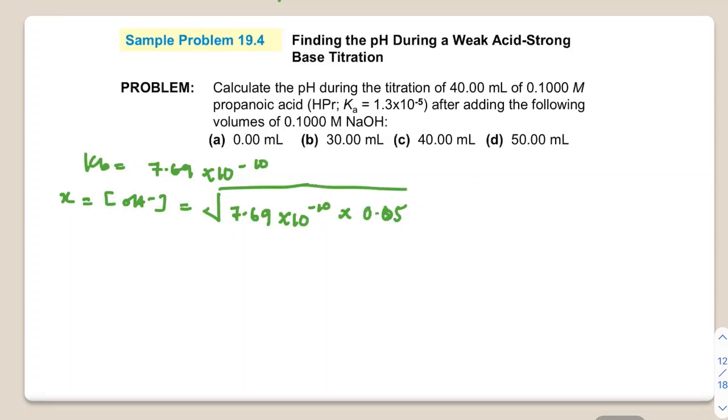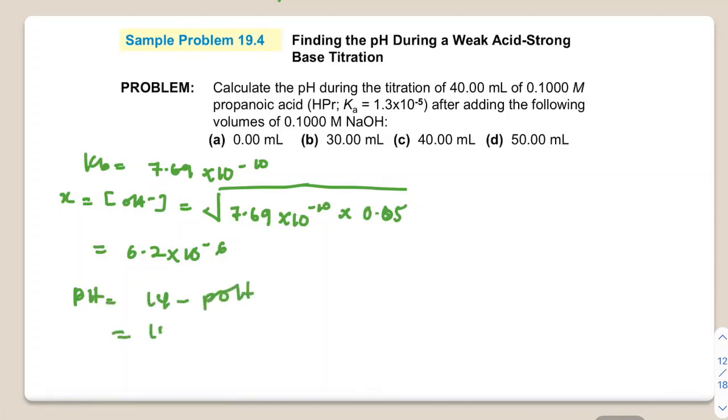Okay, how do we get this equation? It is when the X is neglected. So we will get the concentration of the hydroxide ion is equal to 6.2 times 10 power of negative 6. So we can calculate the pH is equal to 14 minus pOH.